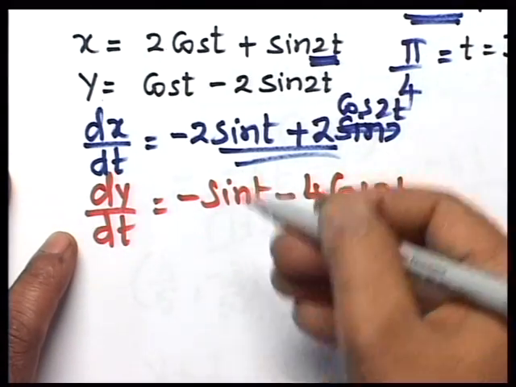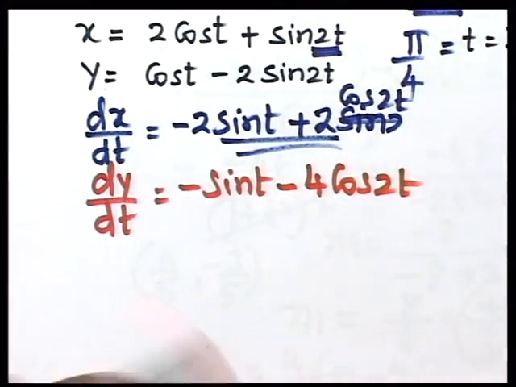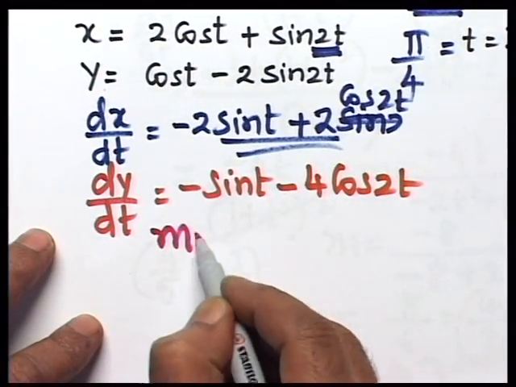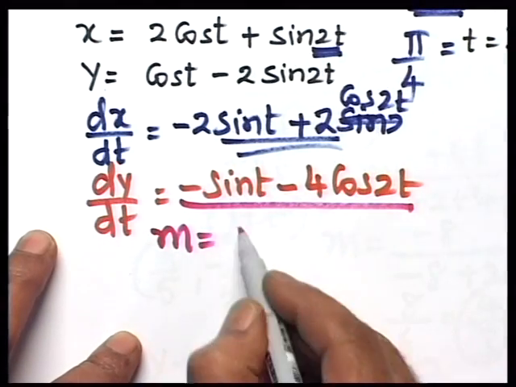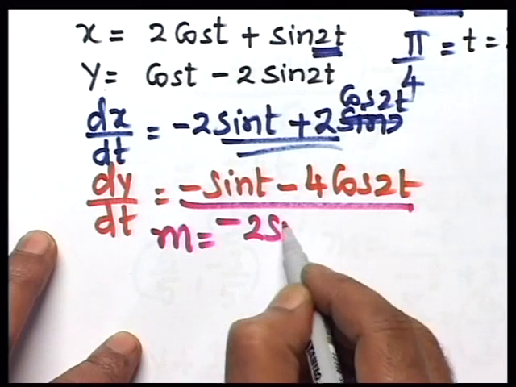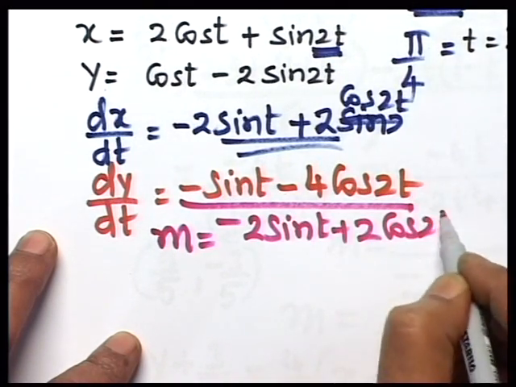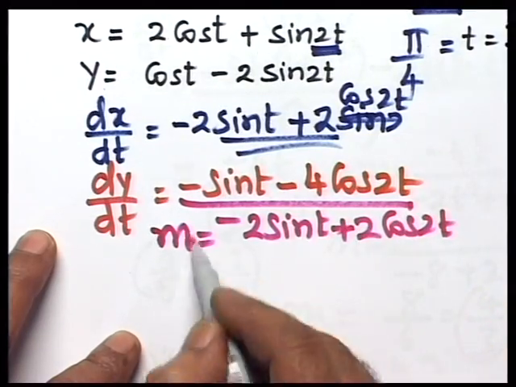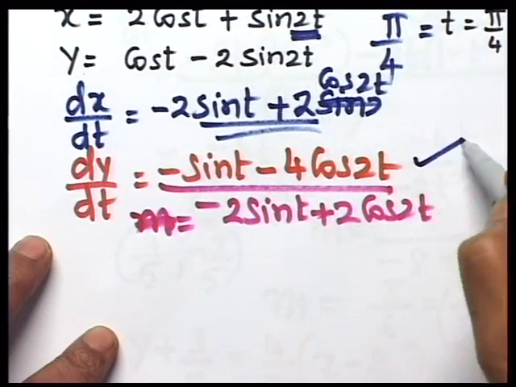Now this divided by that should give you the gradient. So I will write the gradient here, m equals this divided by that, which is minus 2 sine t and plus 2 cos 2t please. That's a plus sign, be careful. We have this now, this is the gradient.